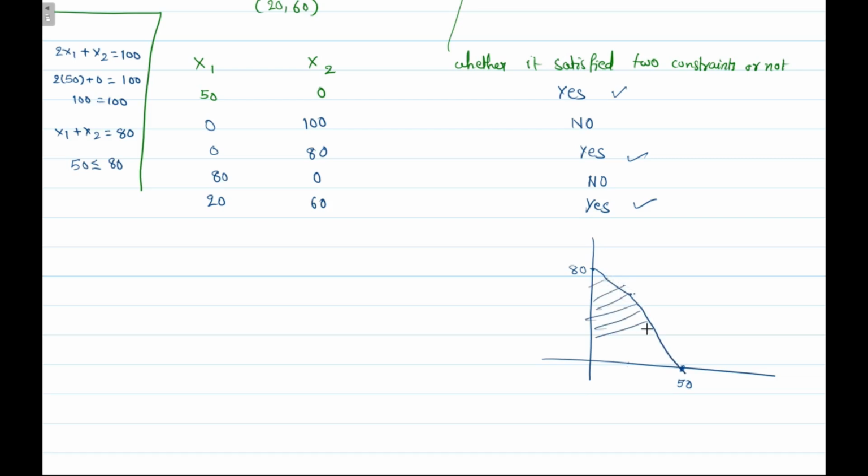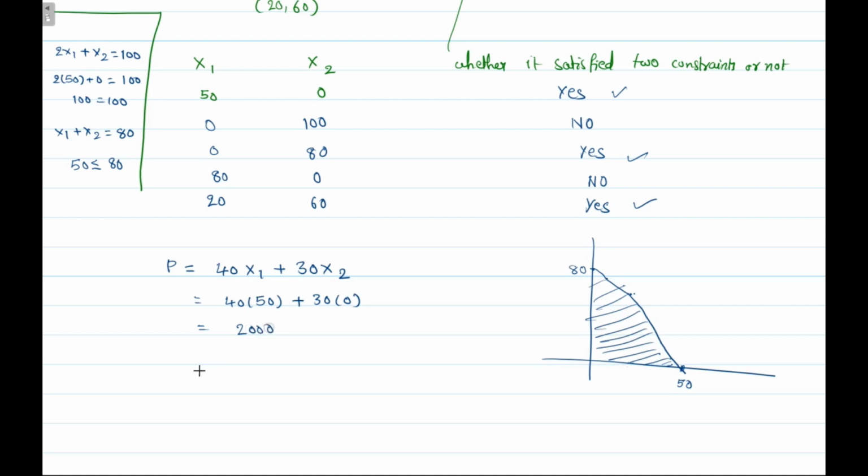In this region you will get the profit. But all possible solutions come from this region, so which one is the best solution? Let us substitute in our objective function, that is 40 into x1 plus 30 multiplied with x2. This is our objective function, right? When I substitute 50 comma 0, this is 40 times 50 plus 30 multiplied with 0, so this will give you 2000.